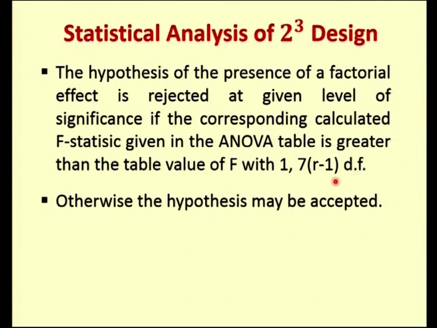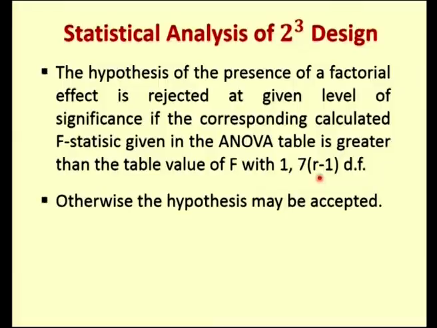So, all the calculated values given in the ANOVA table are compared with the different F table values with respective degrees of freedom at a given level of significance, maybe 5% or 1%. If the table value is less than the calculated value, H naught is rejected, otherwise H naught may be accepted.